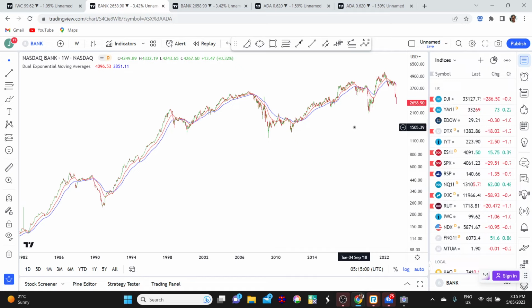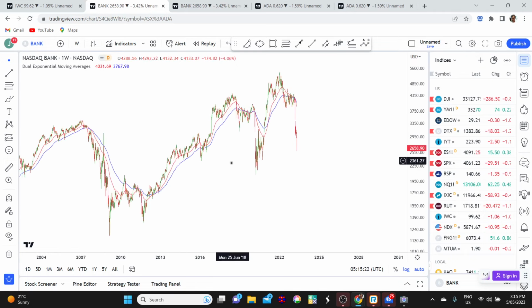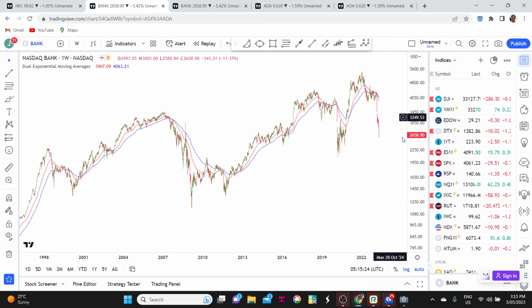A lot of negativity around banks. Is this going to be as bad as the GFC? Time will tell. But my thinking is if this index was to stabilize somewhere around this historic sell-off region that it currently is, as I was saying earlier, it may just take away one of those pillars of negativity for the market in general. One to watch, one to keep an eye on, one to keep some perspective with from a historical standpoint.